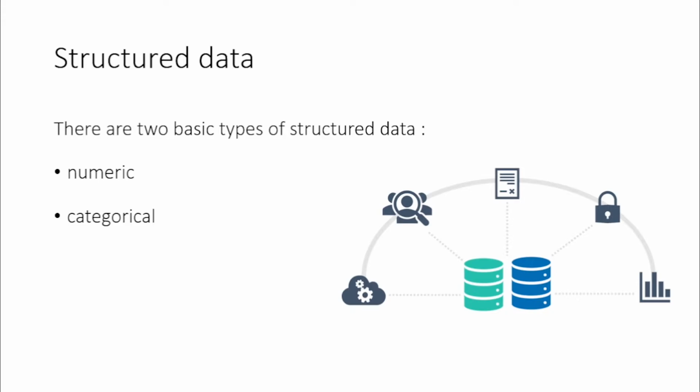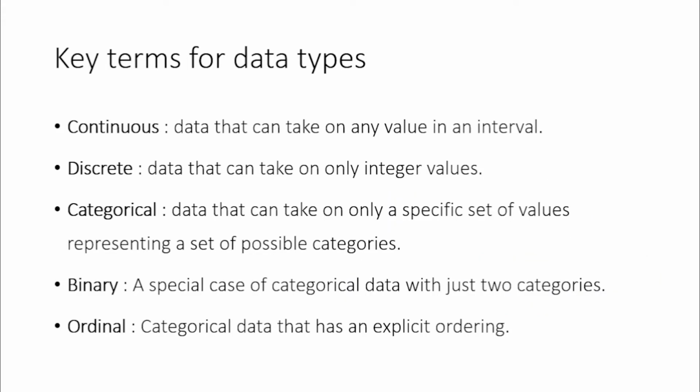Next we have key terms for data types. Here are a few essential terms or important terminologies which we'll look at. At first we have continuous. Data that can take on any value in an interval.